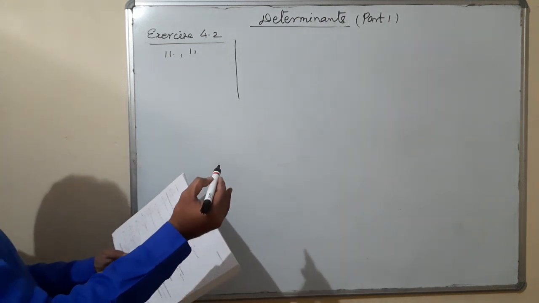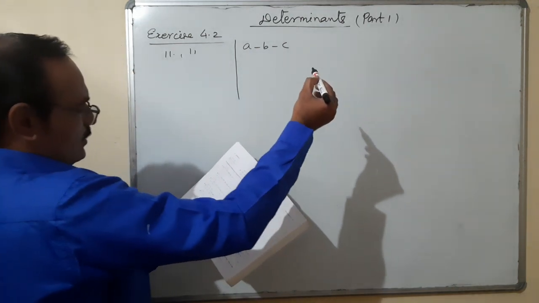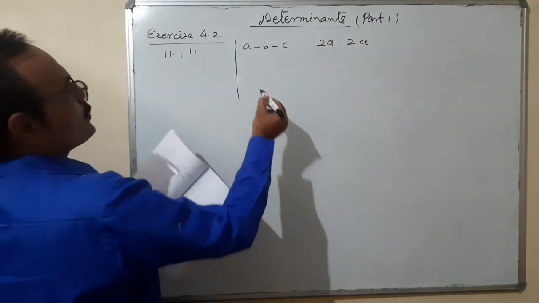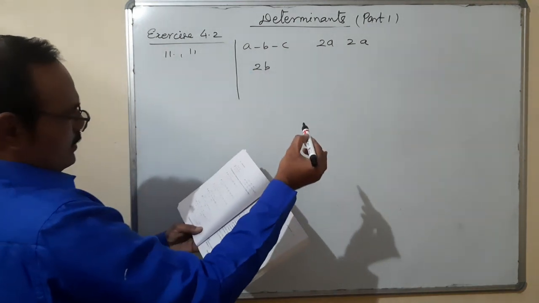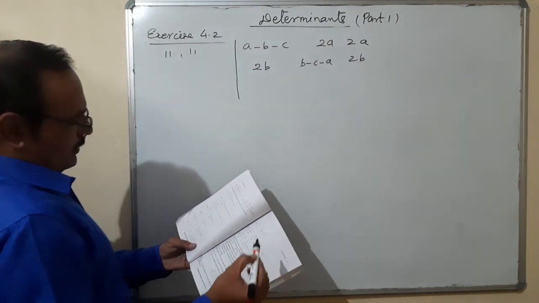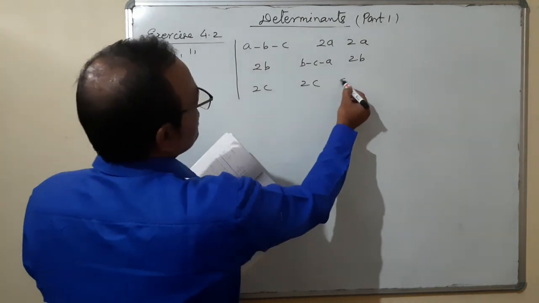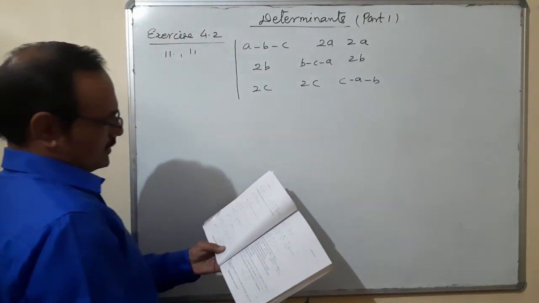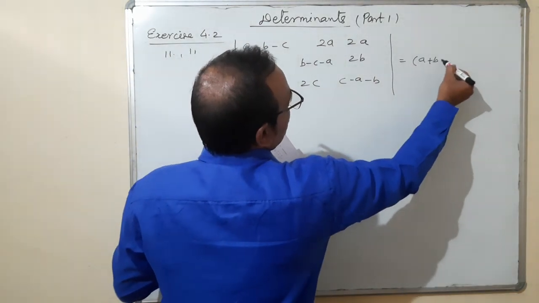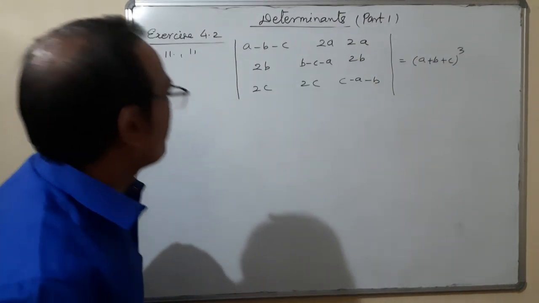The determinant has rows: A minus B minus C, 2A, 2A; 2B, B minus C minus A, 2B; 2C, 2C, C minus A minus B. It is equal to (A plus B plus C) whole cube. You will see there is always a symmetry in determinant questions. Now this is the question.